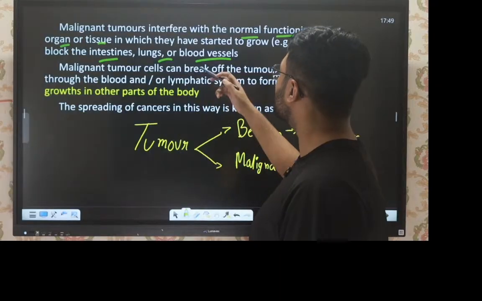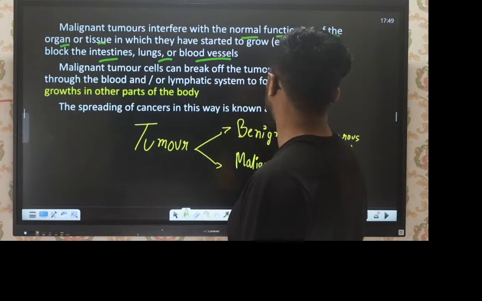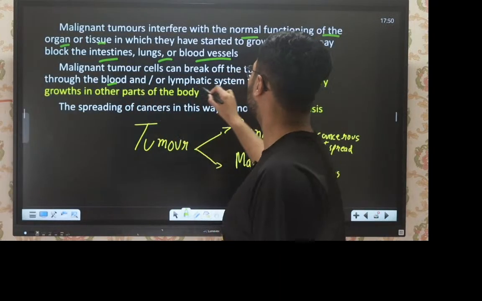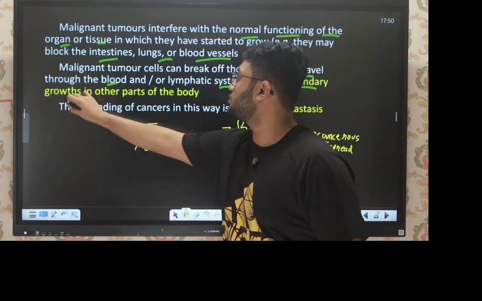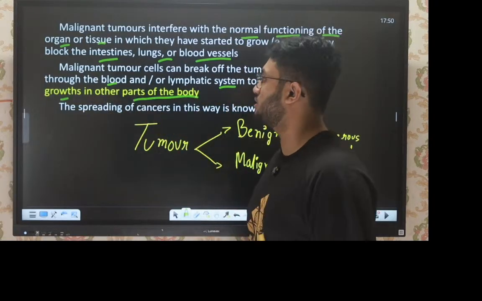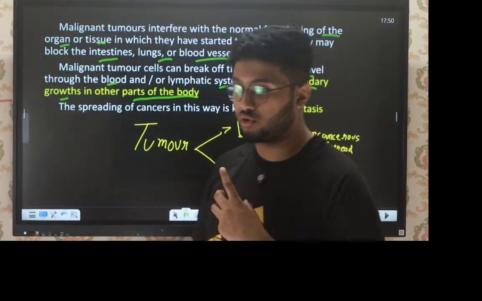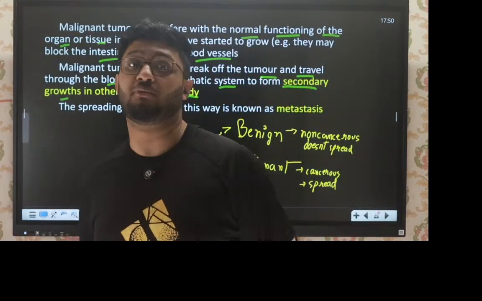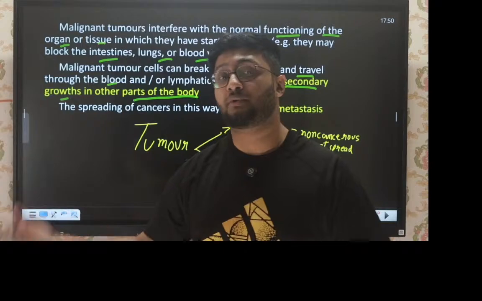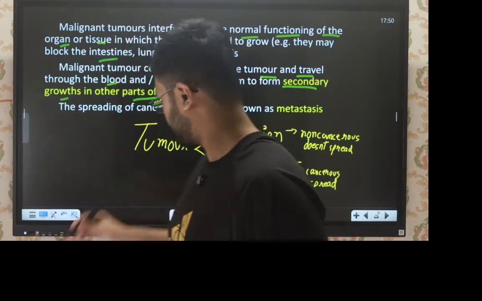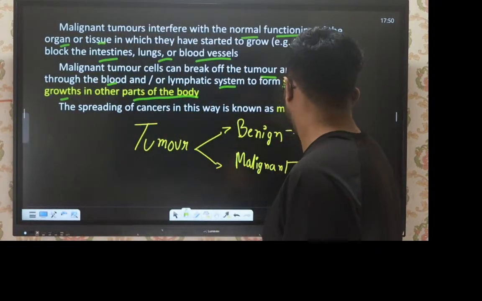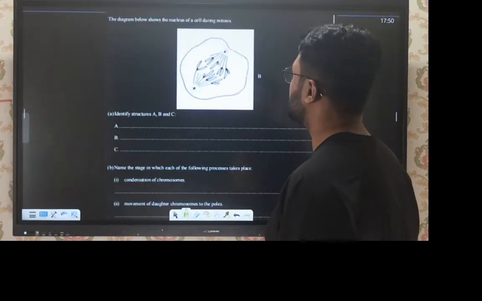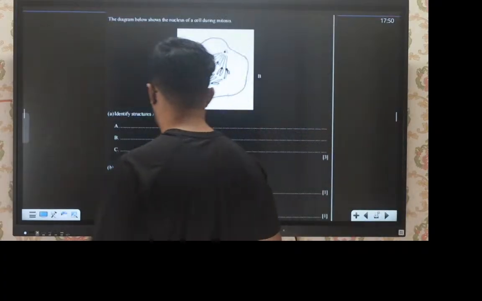The malignant cells can break off the tumor and travel through the blood or lymphatic system to form secondary growths in other parts of the body. So it can metastasize, it can grow and move into different parts of the body and thus start spreading there. So, very important. Malignant tumors. All right, let's solve some questions.